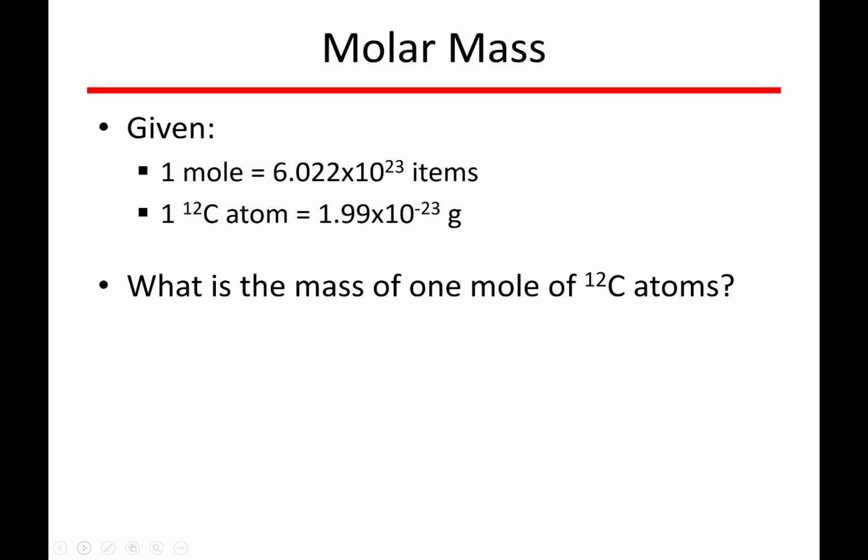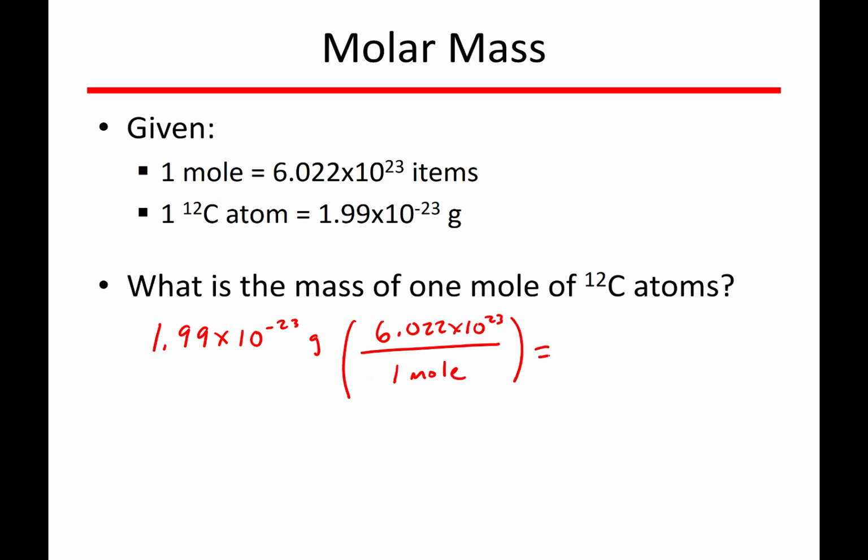So if they're asking you what's the mass of a mole of carbon atoms, you're going to multiply by Avogadro's number. Let's go ahead and do that. We have as the mass of 1 carbon atom, 1.99 times 10 to the minus 23 grams. And then we're going to multiply by Avogadro's number, 6.022 times 10 to the 23. And then that means that 1 mole goes on the bottom.